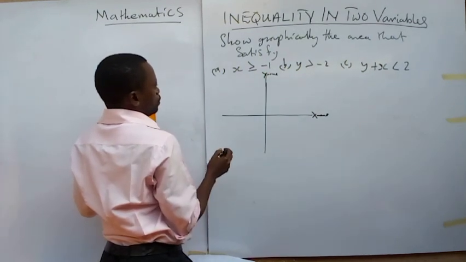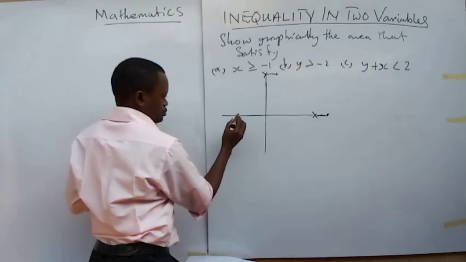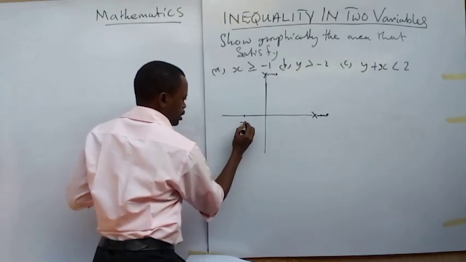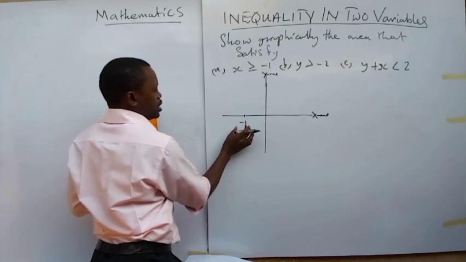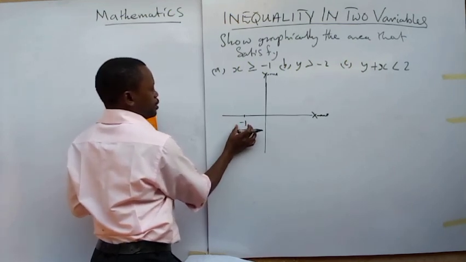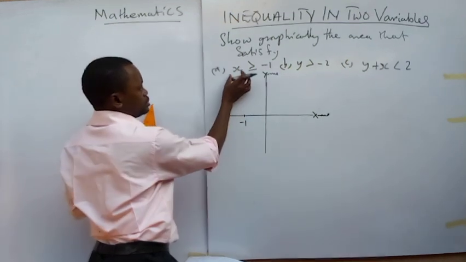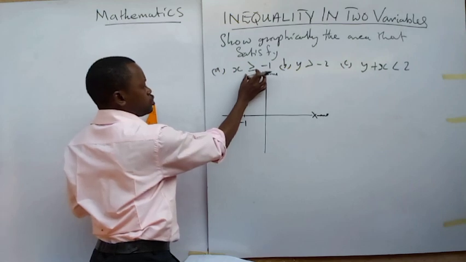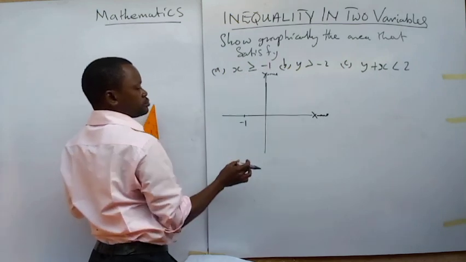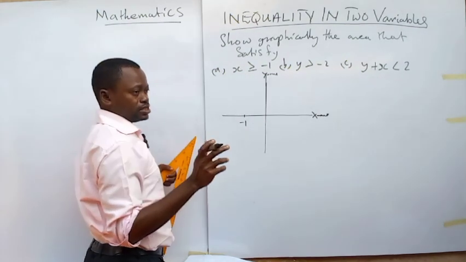Now, if somewhere here is -1, and what they are telling us in this first example is that x is greater than or equal to -1. Be careful with what I'm going to say now.